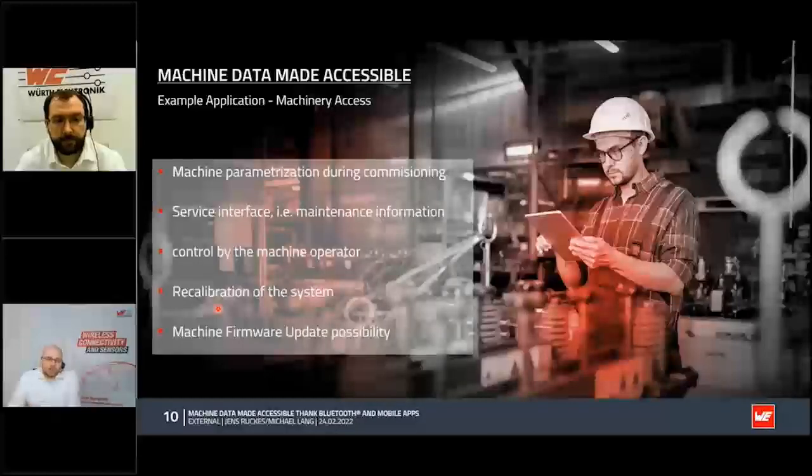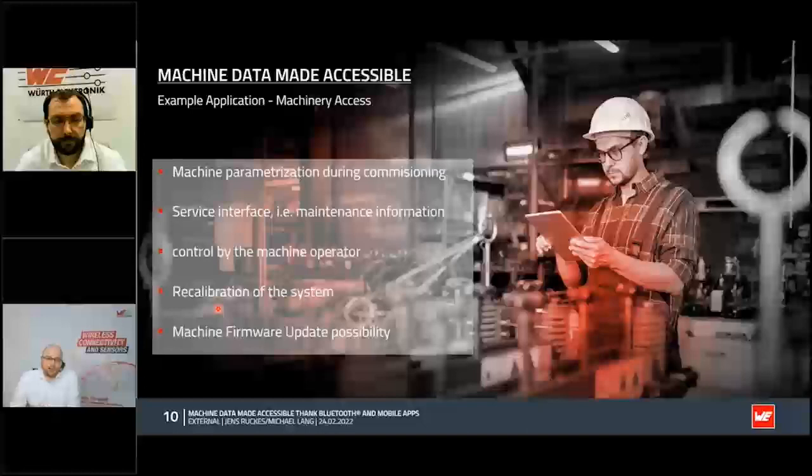Of course, the service interface is one point: the service team comes with a smart device, a tablet, and can easily connect to the machines and see how often something was done, and you have easy access without opening any parts of the machine.